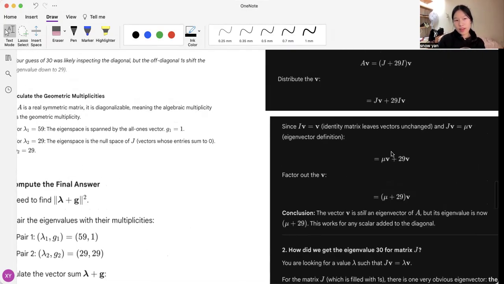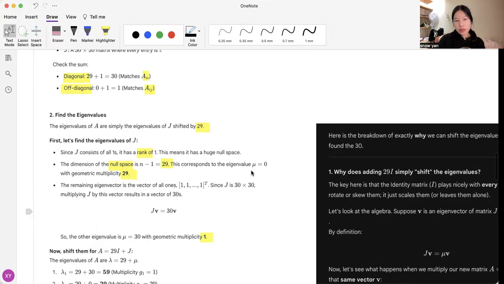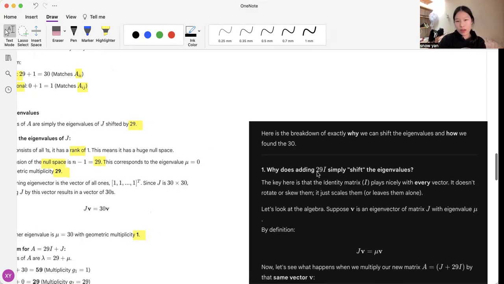Okay, so I figured out the part I was not sure about. Basically the idea here still uses the same idea that the sum of the row is the same. So why does adding 29I simply shift the eigenvalues?